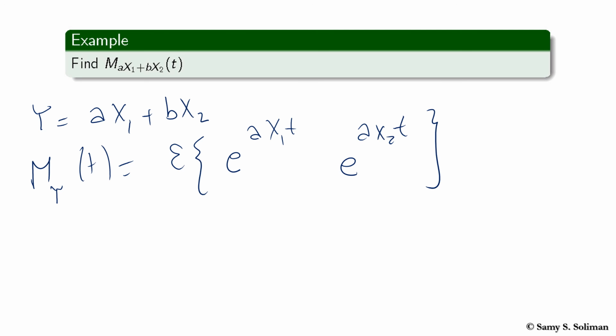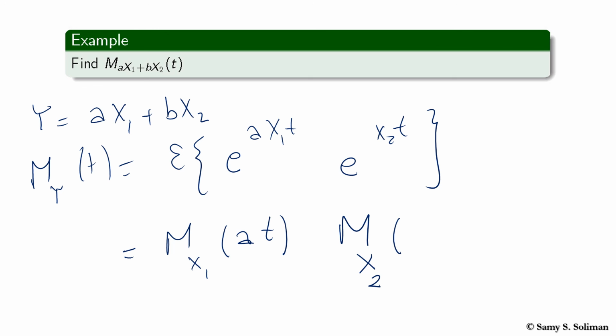And if the two random variables x1 and x2 are independent, then we can write this as the moment generating function of x1 with parameter at multiplied by the moment generating function of x2 with parameter bt. So this is the strength of the moment generating function approach, and this strength is more beneficial when we deal with independent random variables.